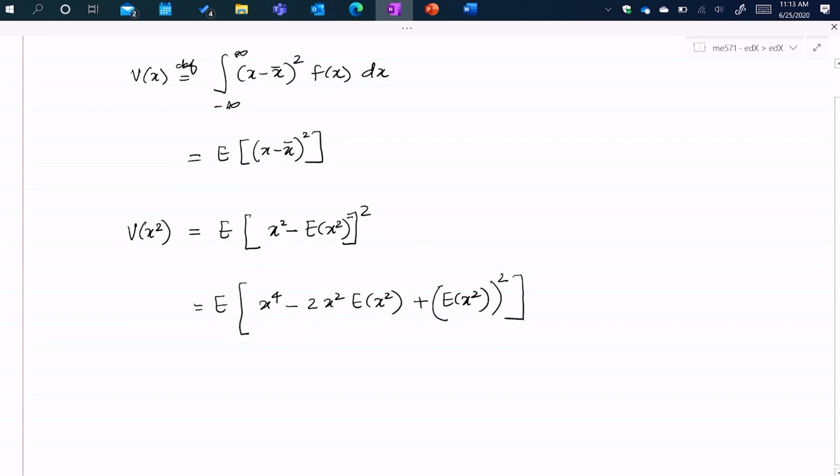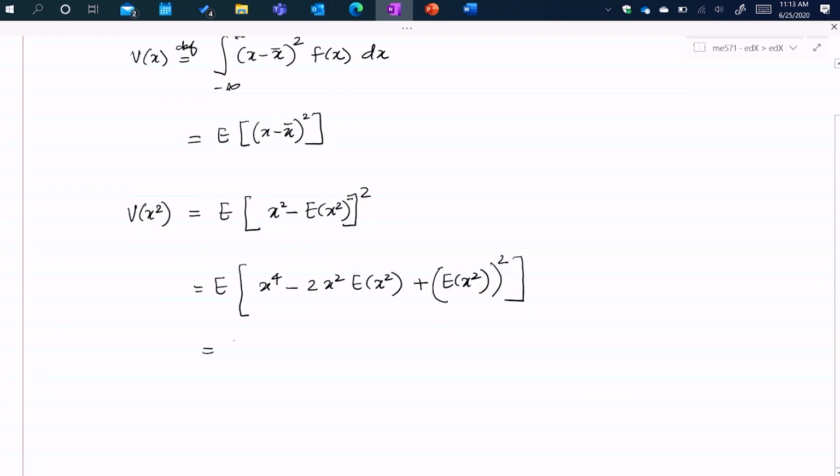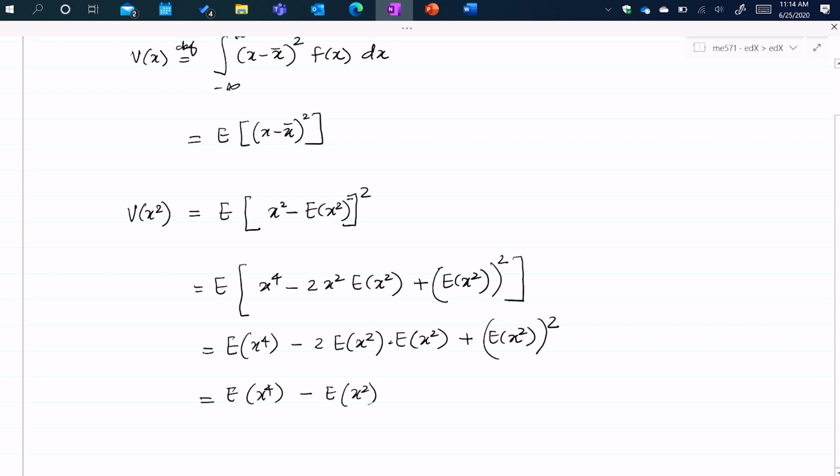So as you can see, the variance of x squared is going to be the expected value of x to the power 4 minus 2 times the expected value of x squared times the expected value of x squared, plus the expected value of x squared whole squared. So this again is the expected value of x to the power 4 minus the expected value of x squared, the whole squared.